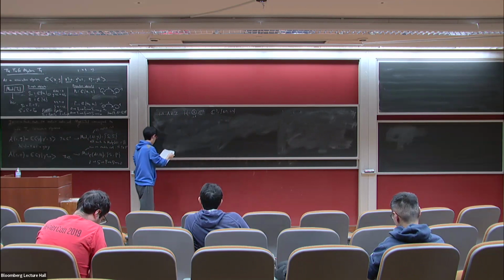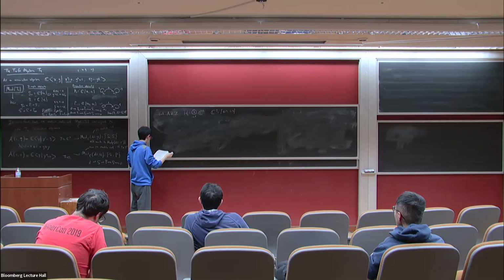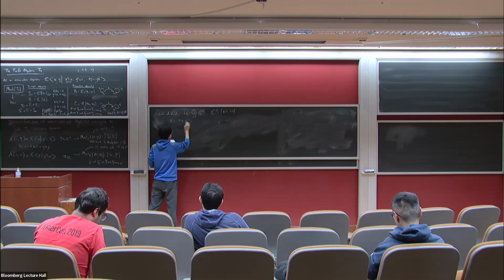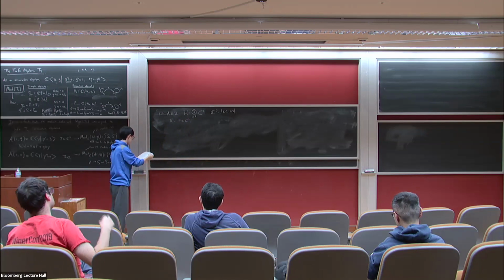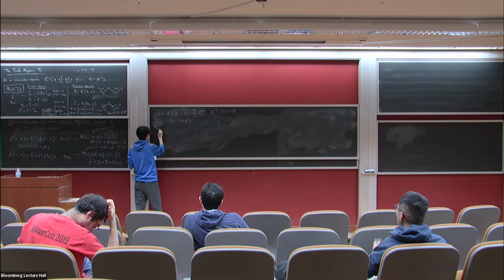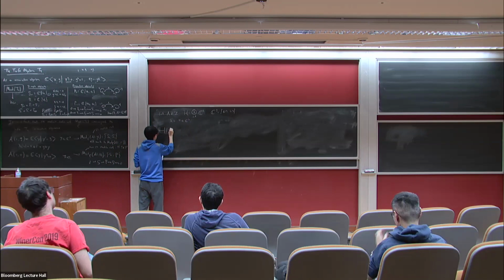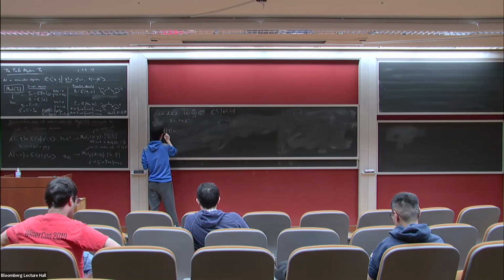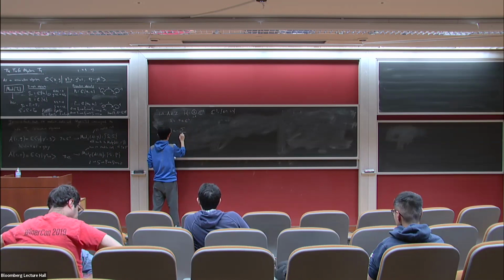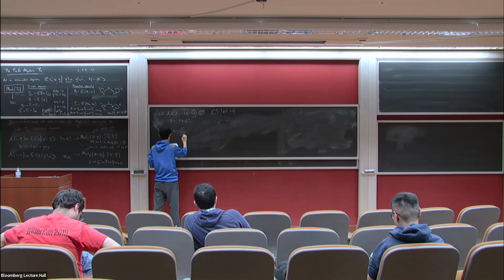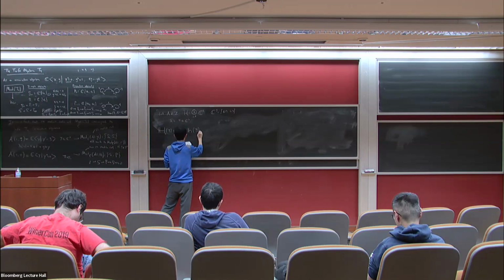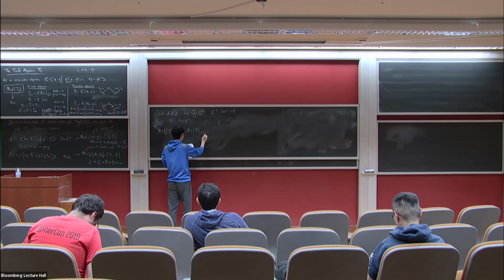And then let c be an element of this, and construct the Hamiltonian as a function of this parameter. It's going to be given by here.